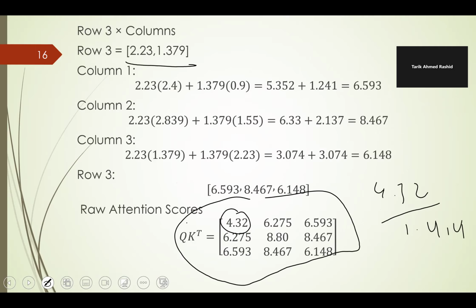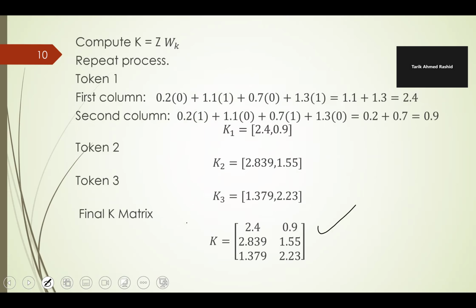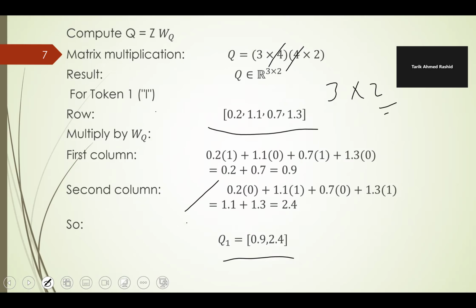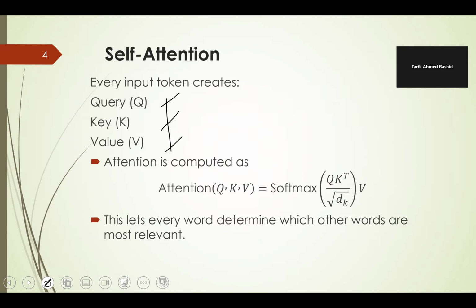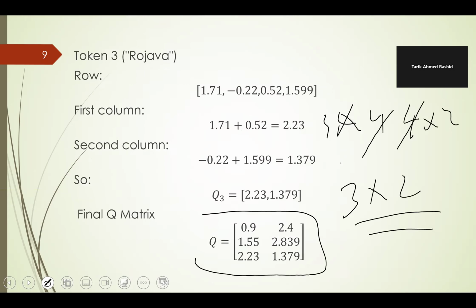So following this equation, where is the equation? I have this equation somewhere. Okay, that's what we did, following that one. Next we need to get the softmax for this part, and then after softmax we multiply by V. Let me just show you how to do it.